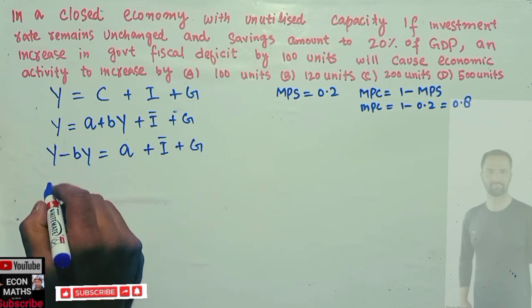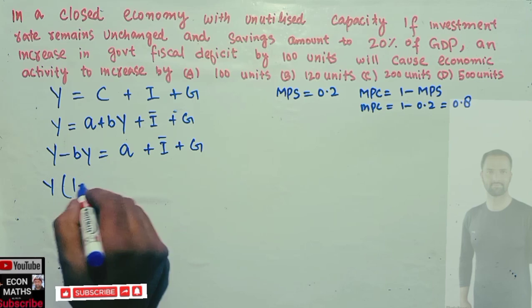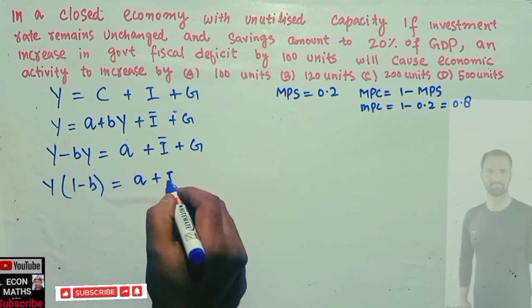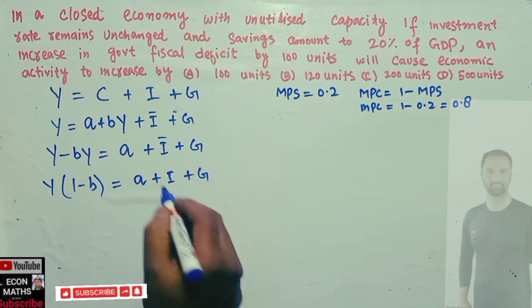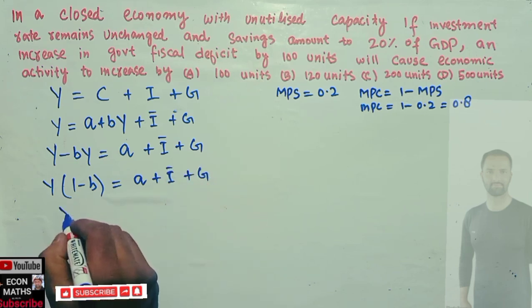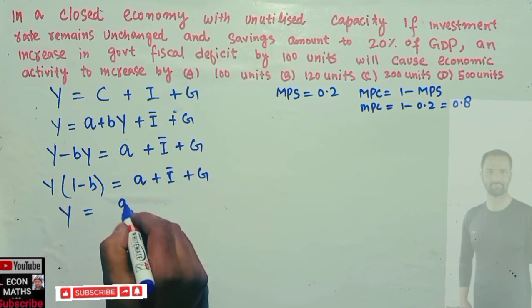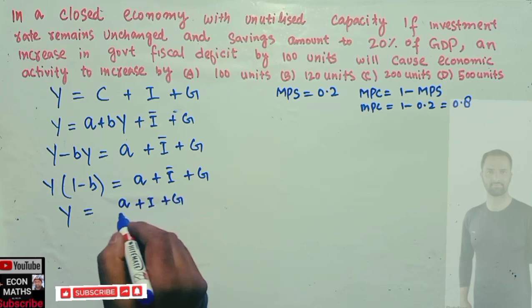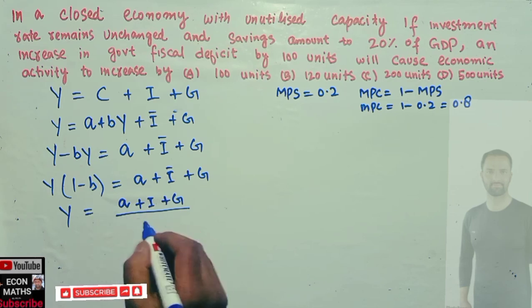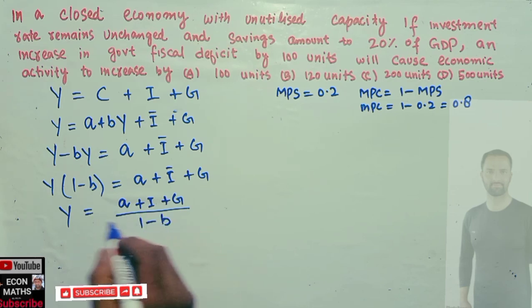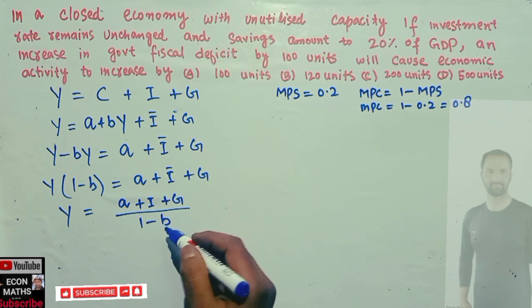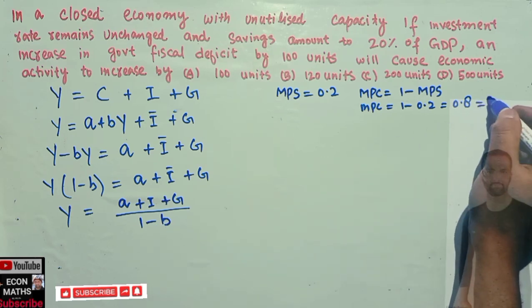If we take Y common, we are left with (1 minus b)Y is equal to a + I + g, or Y is equal to (a + I + g) upon (1 minus b). What is this b? This b denotes our marginal propensity to consume.